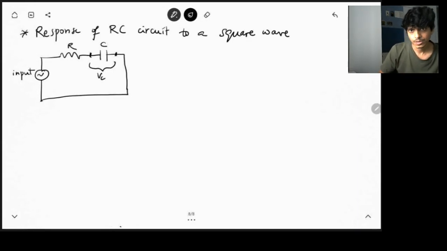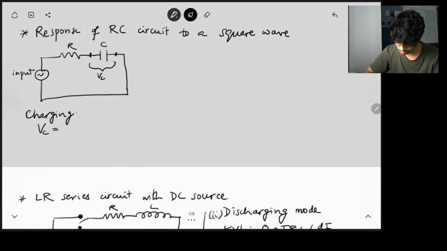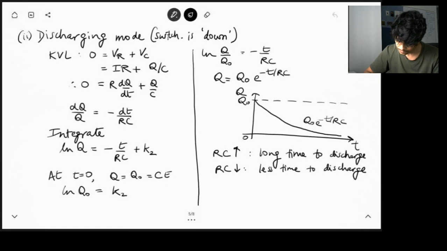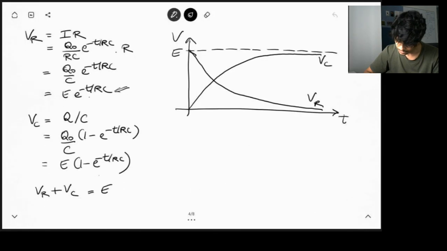Let's just write down once what we expect the voltage across the capacitor should be. So in the charging mode, voltage across the capacitor is this.